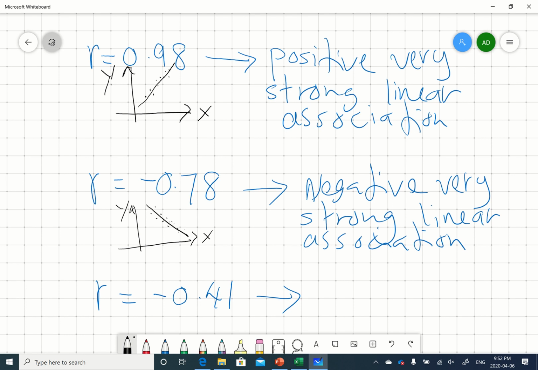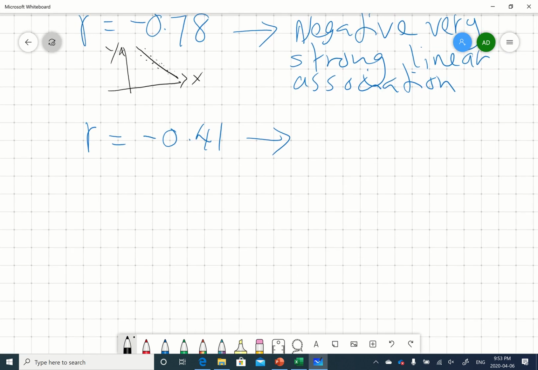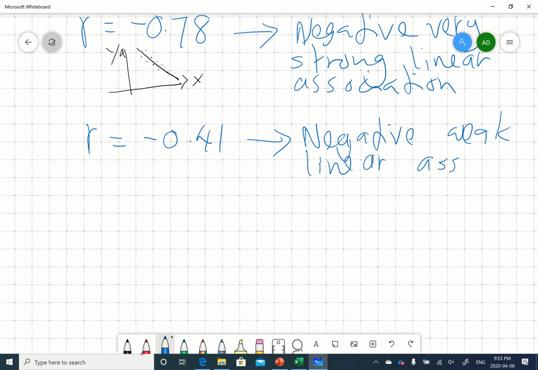And here for R equals -0.41, this is closer to 0. It's closer to 0 than being closer to 1, right? So it's weak. So negative, weak linear association.